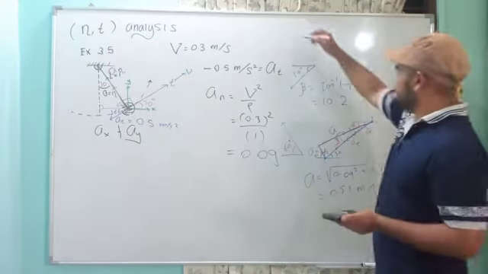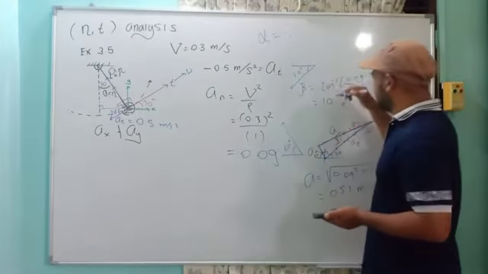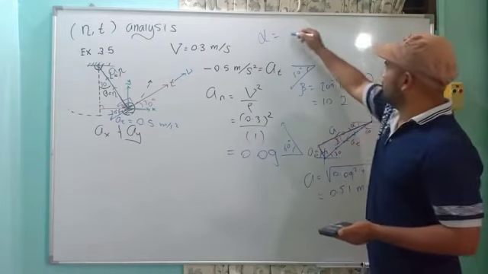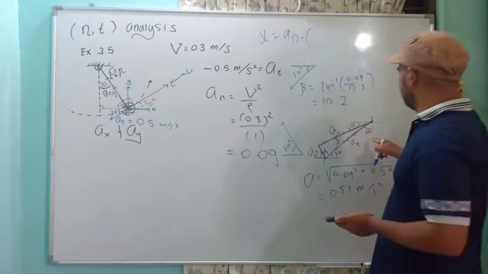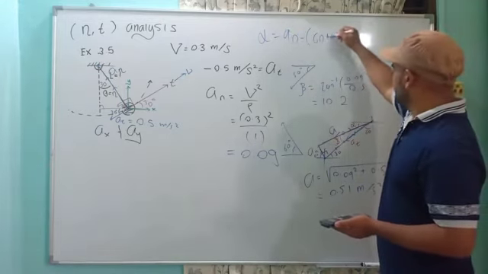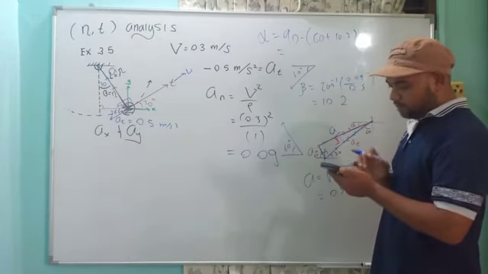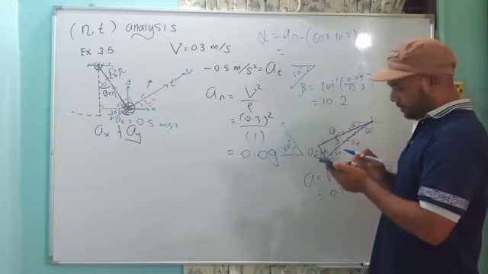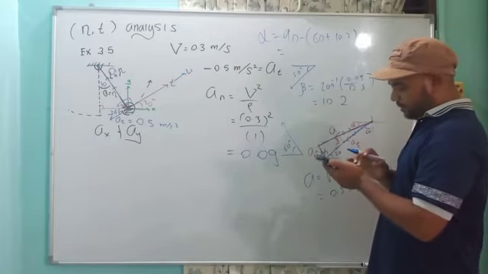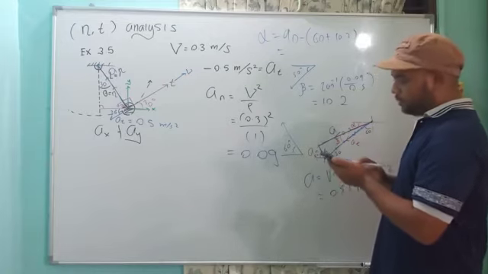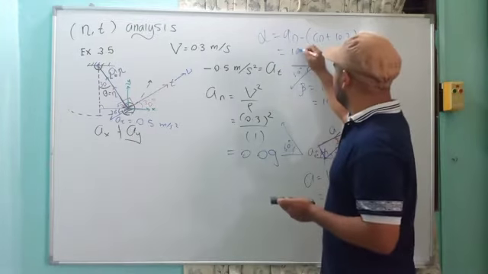Alpha equals 90 minus 60 minus 10.2, equal to 19.8.